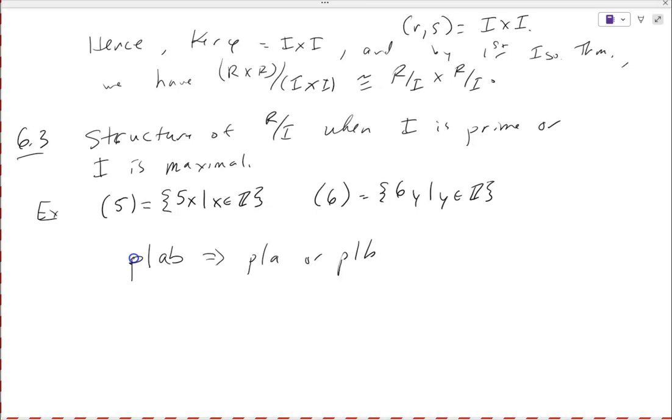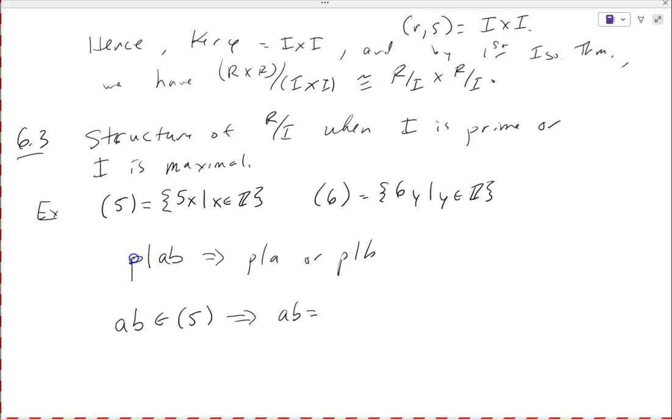Okay? So let's think about it in terms of the way the ideal is stated. What would happen if AB is in the ideal generated by 5? What does it mean to be in the ideal generated by 5? Either A or B is a factor.